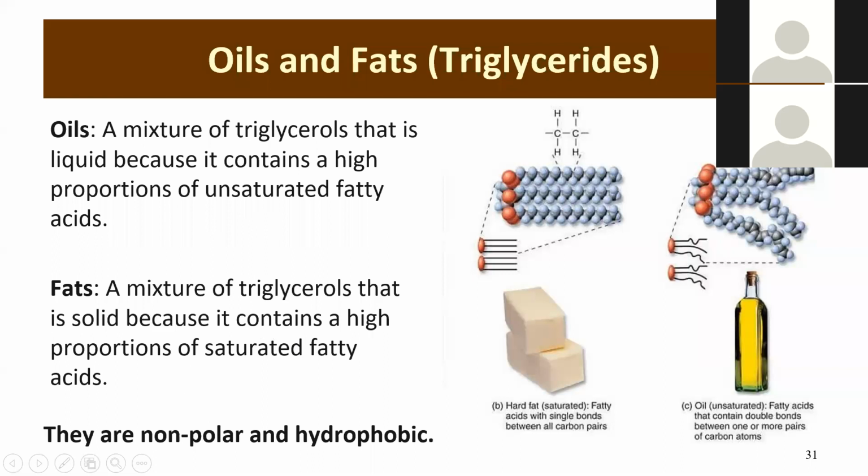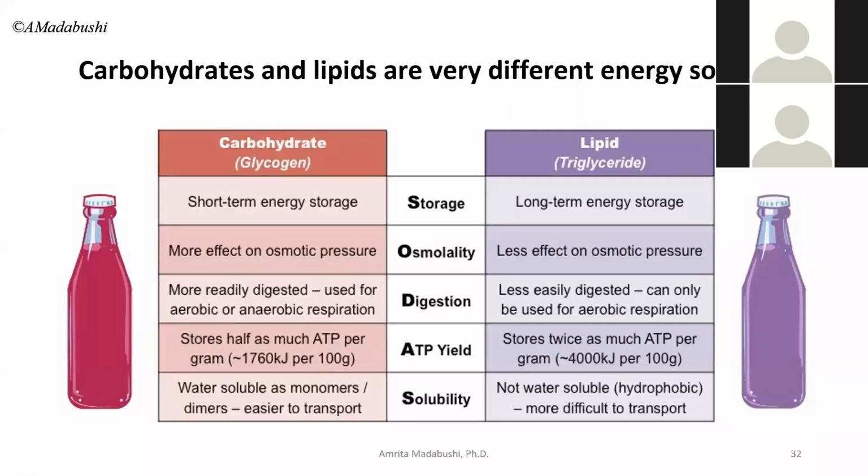Okay, so carbohydrates and lipids, how are they different? We talked about carbohydrates being used for energy storage. I do want to tell you one thing about the carbohydrate chapter. I noticed it when I was doing the oral exam. I think people don't remember the second part of module 2.